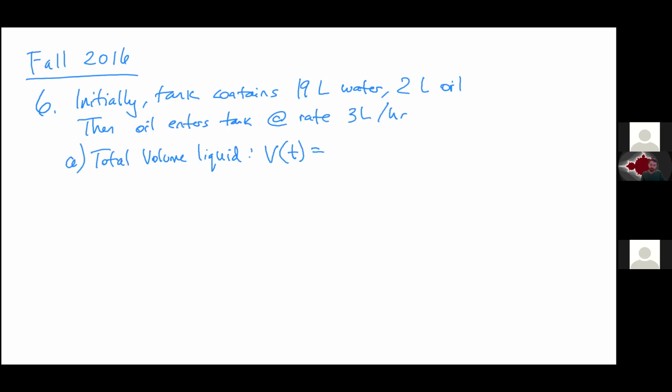So this is sort of similar to what I was doing with like the ice cream churning. We have some base amount that we start with. So in total 21 liters. And then we're adding 3 liters per hour. So 3 times T. So I could say base amount or initial amount maybe.